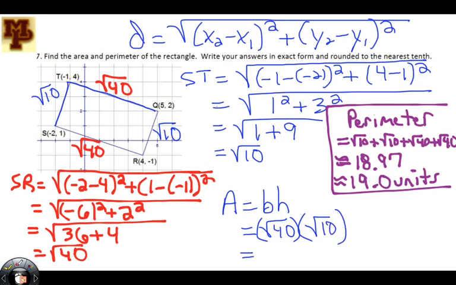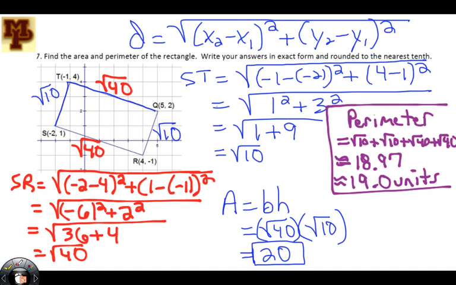So that's square root of 400, by the way, right? So let's just do that on the calculator. So that's square root of 40 times square root of 10. That's 20, because it's a square root of 400, and that's a perfect square.